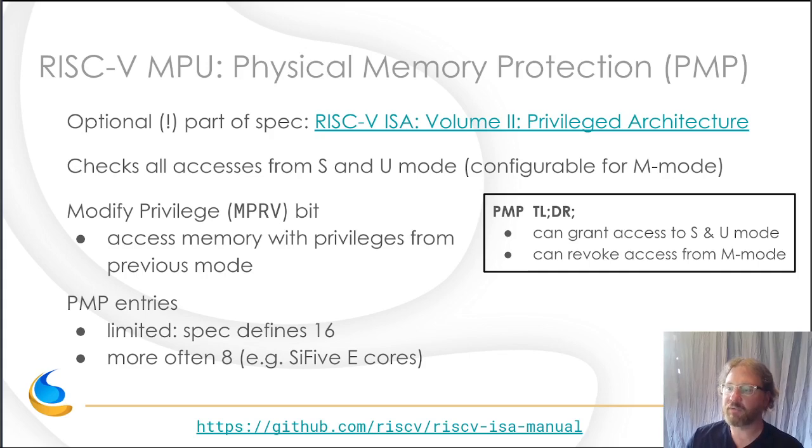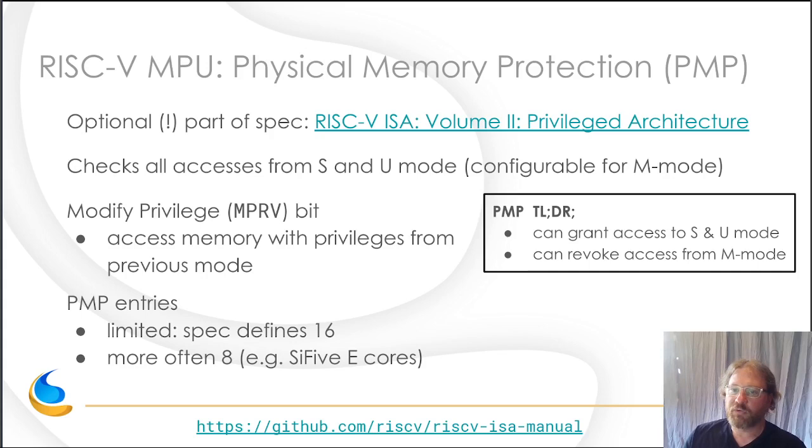At a high level, the PMP can grant accesses to supervisor and user mode, or it can be used to just revoke accesses from machine mode. So there's two different ways it can be used there. By default, machine mode has access to everything, but you could use the PMP to revoke access to certain areas from machine mode as well.